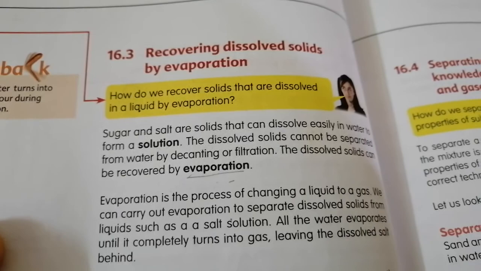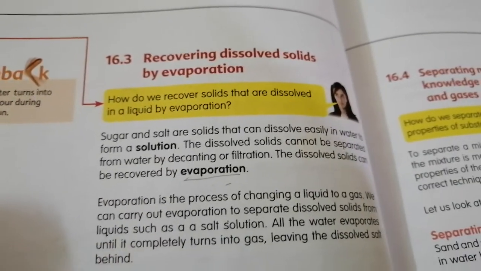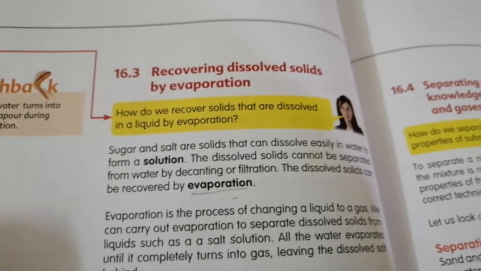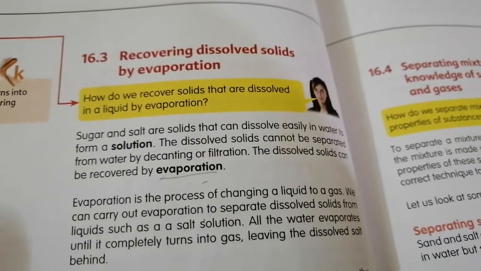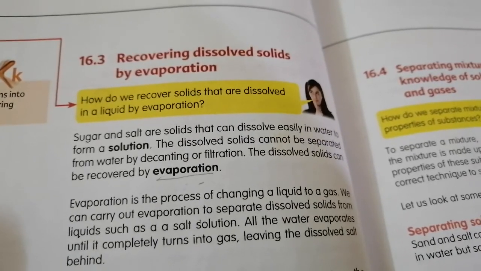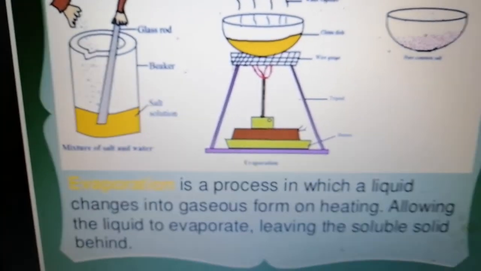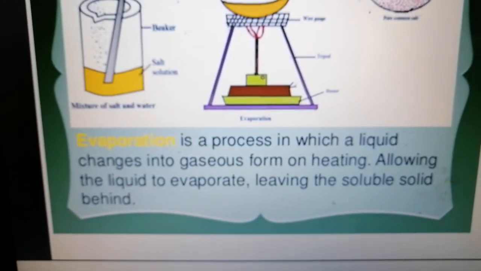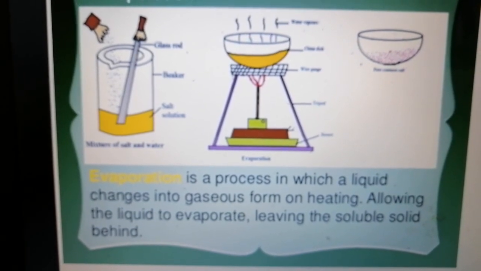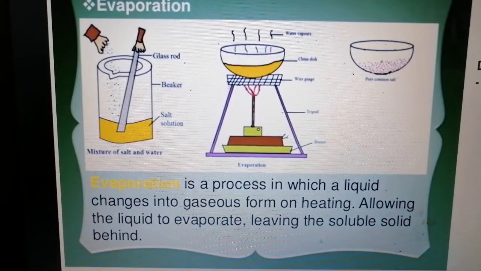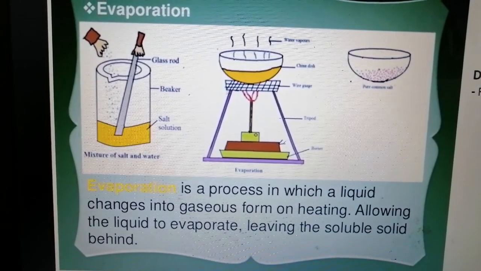Decanting and filtration only separate insoluble material. The dissolved solid can be recovered by evaporation. Evaporation is a process in which a liquid changes into gaseous form on heating, allowing the liquid to evaporate, leaving the soluble solid behind.